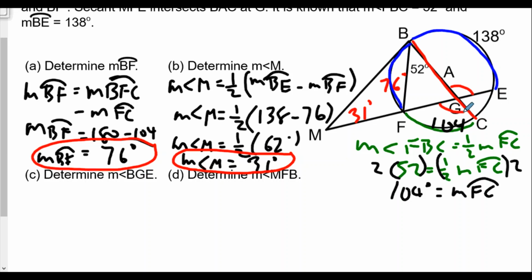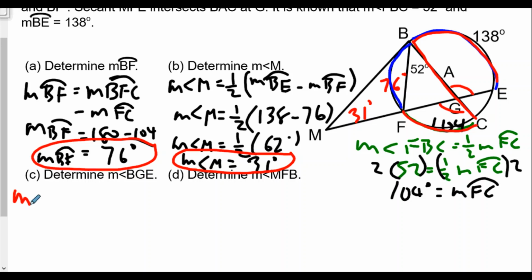And when you have two chords intersecting in a circle, the measure of the angle formed by the intersection will be 1/2 the sum of the two arcs intercepted. Here, our first arc will be arc BE, and our second arc will be arc FC. So we're going to take those two values.